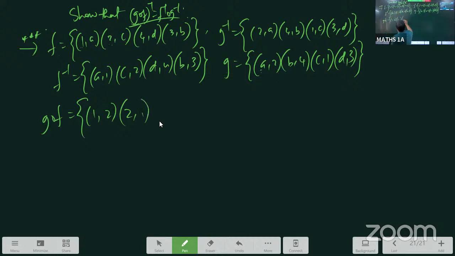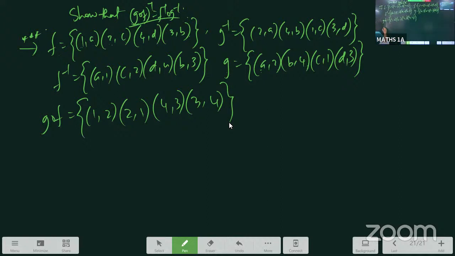So (2, 1). 4 is mapped to D, and D is mapped to 3. So (4, 3). And 3 is mapped to B, and B is mapped to 4. So (3, 4). See, I got G circle F. It's a composite function, the mappings.